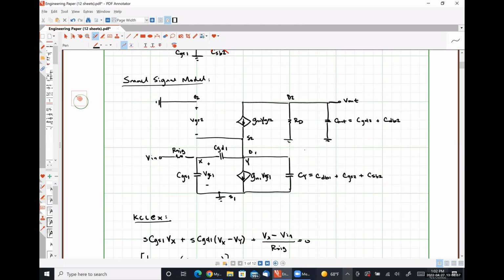All right, so at our output node, let me double check my notes because I'm feeling unsure about myself here.